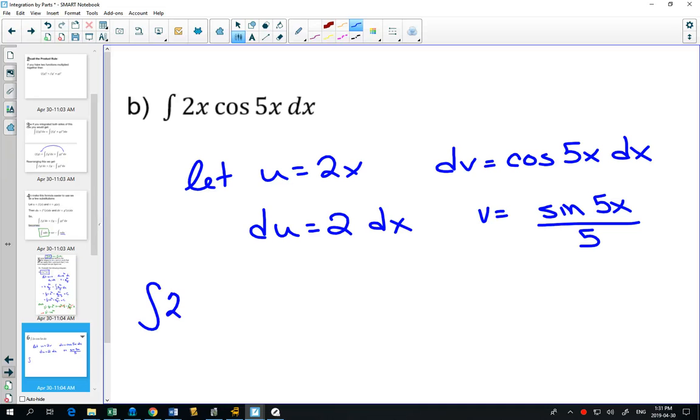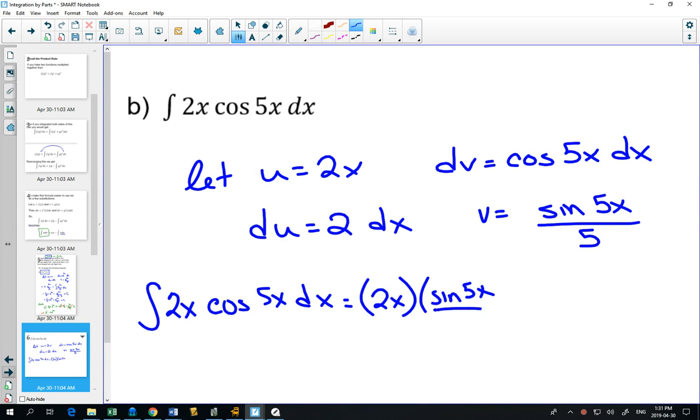And now we can go to our formula. I'll write out the whole thing. If I had the integral of 2x cos 5x dx, I made u 2x, times v, sine 5x over 5, minus the new integral of v, sine 5x over 5, times du, which is 2 dx.